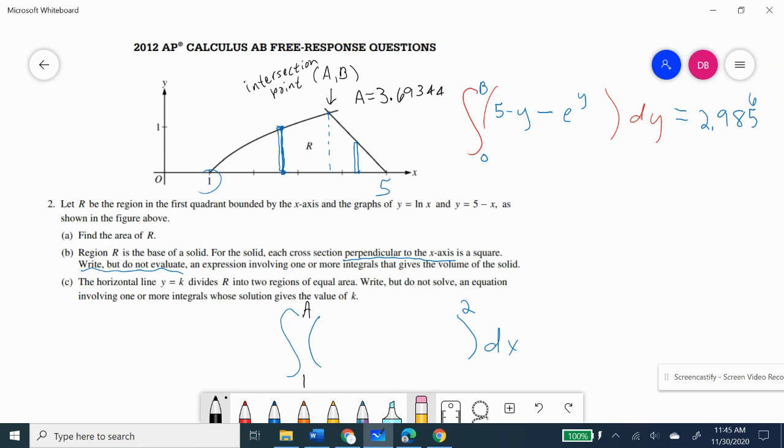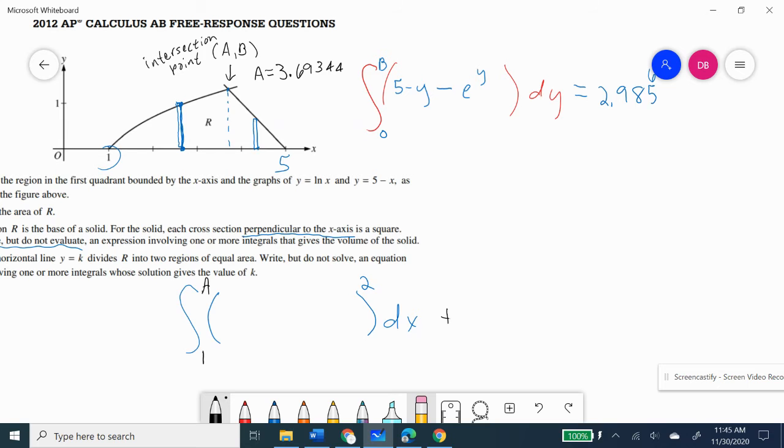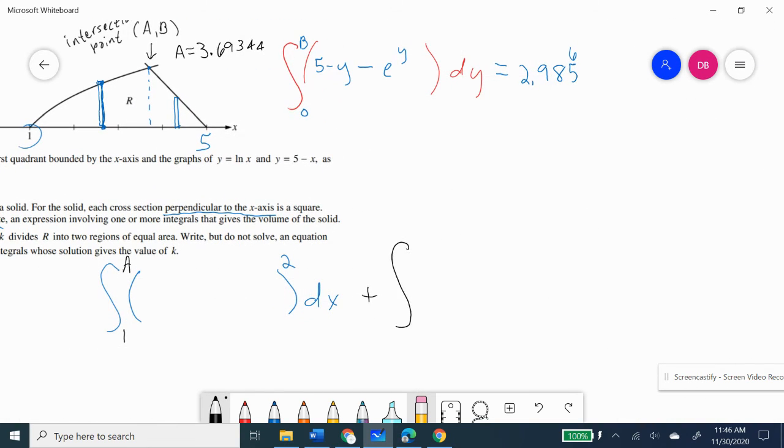So I will integrate from 1 to A, and then I will have to add to that an entire another cross-sectional volume perpendicular to the x-axis, going from that x-coordinate A to x-coordinate 5. The area formula is again a square, and the length of the side is a vertical distance.